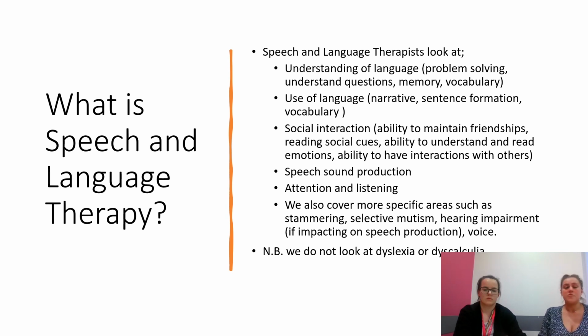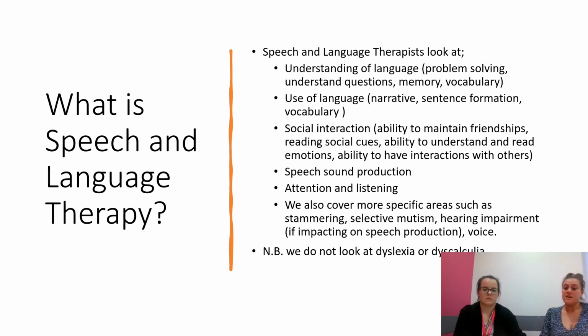So stammering is something that lots of people know speech and language for, but also things like selective mutism. So when a young person may be able to talk okay in one environment, but actually in other environments that's really increasing their anxiety levels and they can't talk in those places.